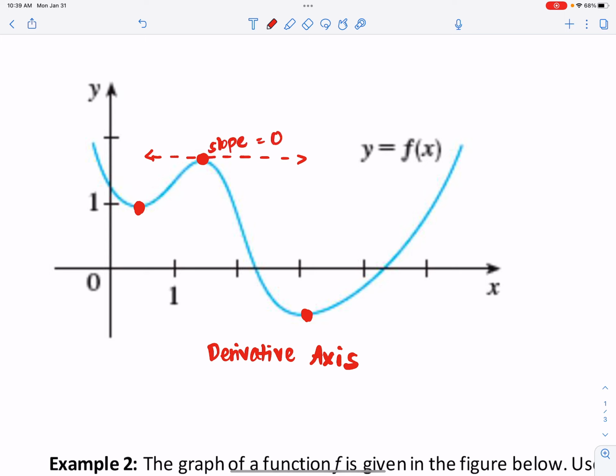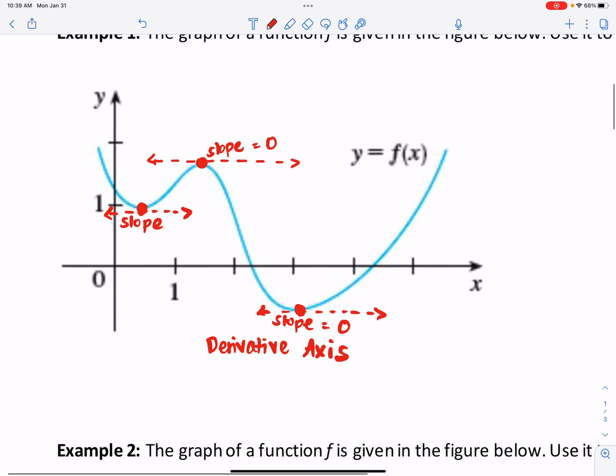Okay, same thing for this bottom of the hill. This slope of this tangent line will also be 0. At all 3 of these points, the slope of those tangent lines will just be a flat horizontal line. And flat horizontal lines have slopes of 0. Okay? And so for that reason, I always start with those points, if there's any.